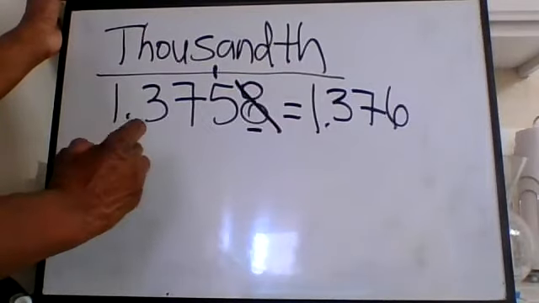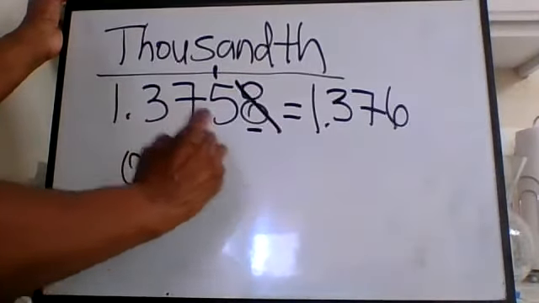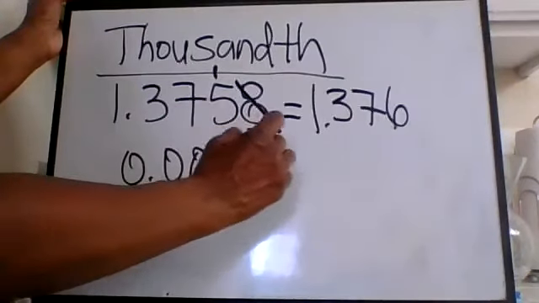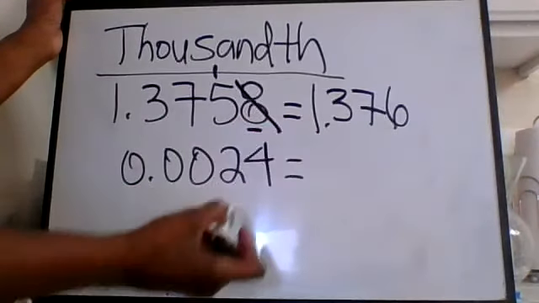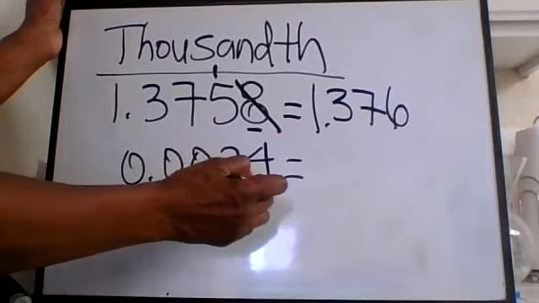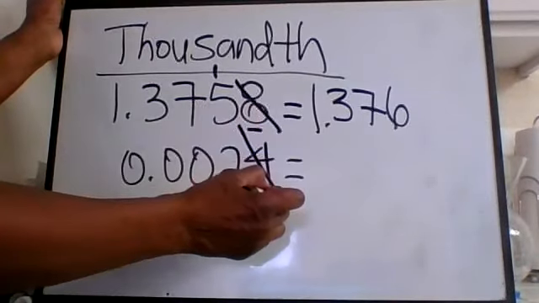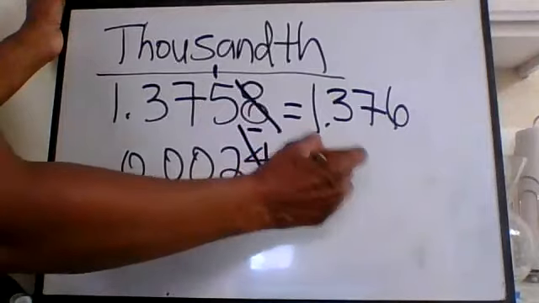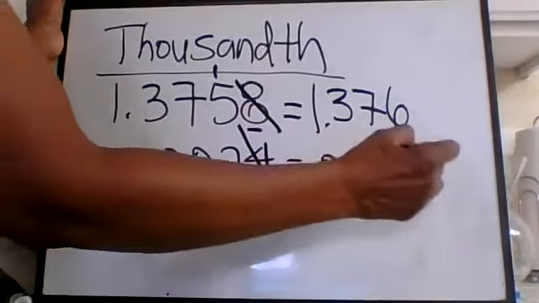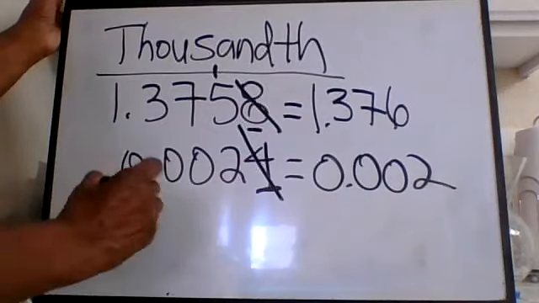Let's try one more. 0.0024. We're rounding to the thousandths, so we look at the ten-thousandths place right here. It's less than 5, so this comes off. Simple as that. And the answer is 0.002. Okay, one more.